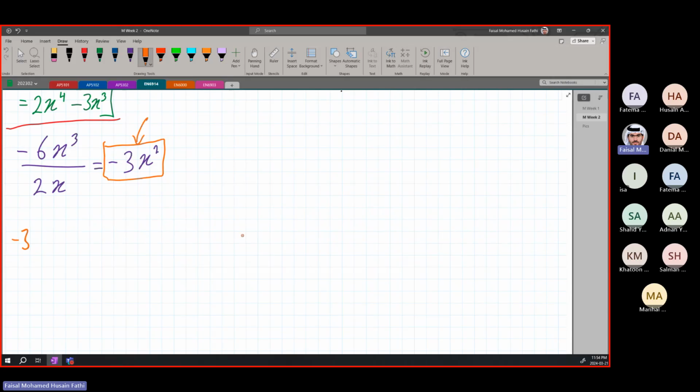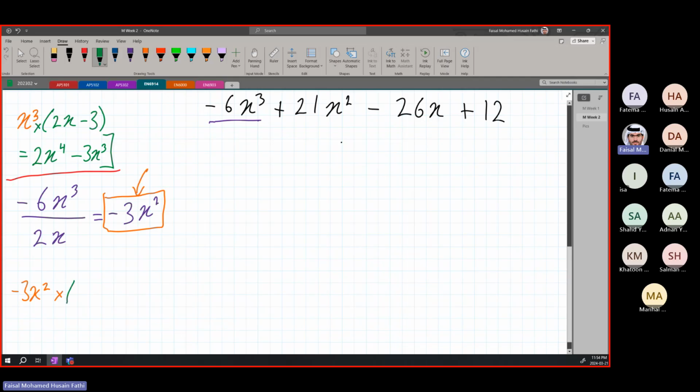So minus 3x squared times 2x minus 3. If we just distribute here, minus 3x squared times 2x is minus 6x cubed. Minus 3x squared times minus 3: minus and minus becomes plus, so plus 9x squared.